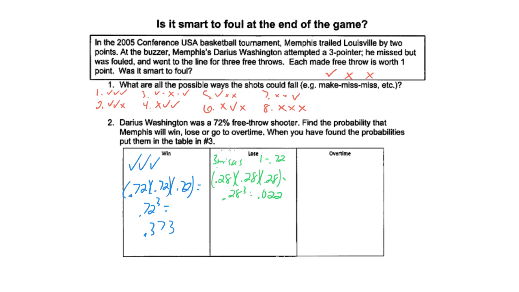They would also lose if he had 1 make and 2 misses, and it doesn't matter the order. So if he had 1 make, that would be 0.72, and 2 misses, a first miss and a second miss, 0.28 each. So that gives us 0.056. But if we come back up to the top here, there are multiple ways that this could happen. There's one way this could happen here.